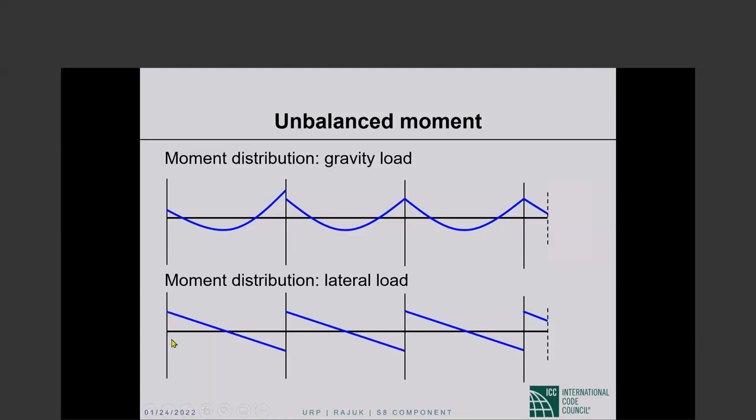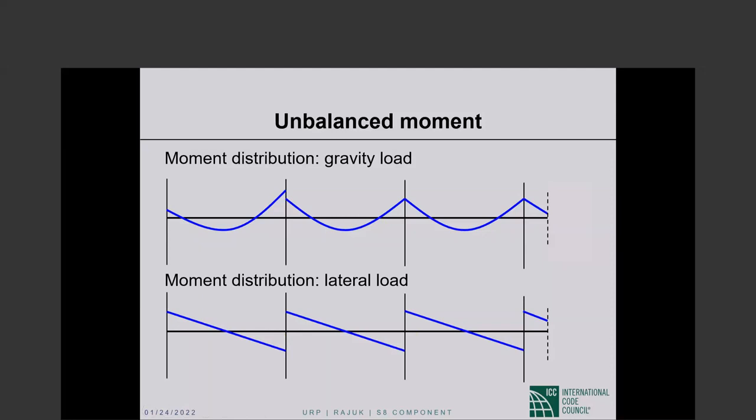The moment at the exterior support has to go to the column, no different from the case under gravity. But the big difference is at every interior column, where the unbalanced moment now is the sum of the bending moment to the left and the bending moment to the right. So unlike in the case of gravity, we now have significant transfer moment at every support, including every interior support.